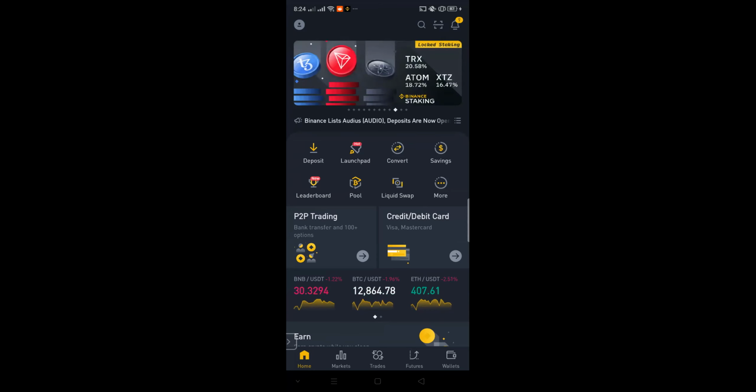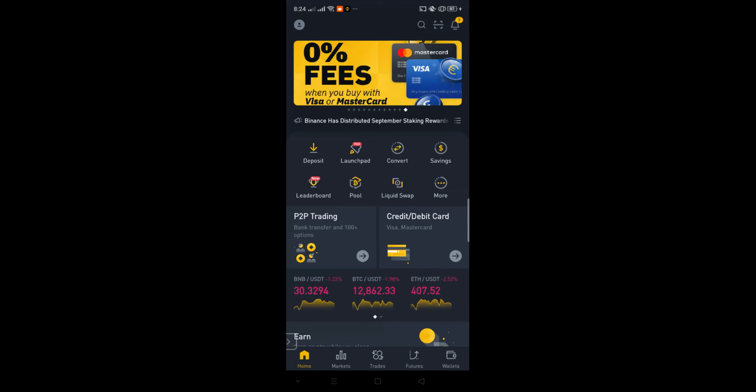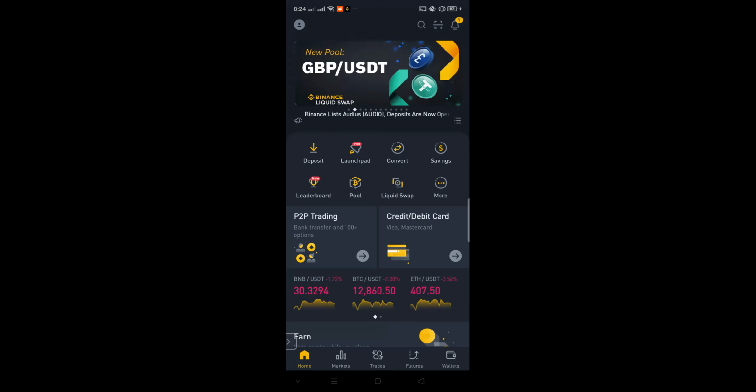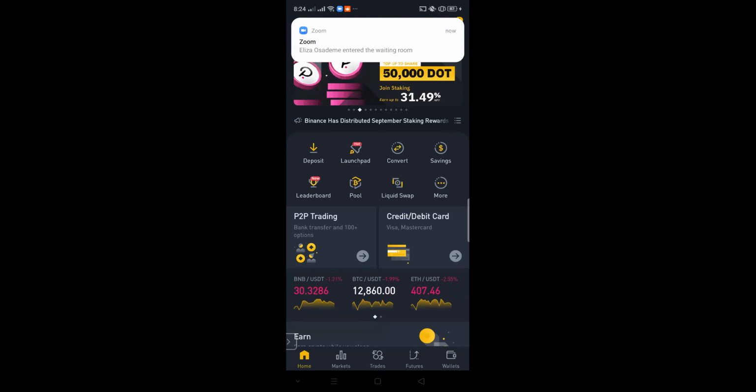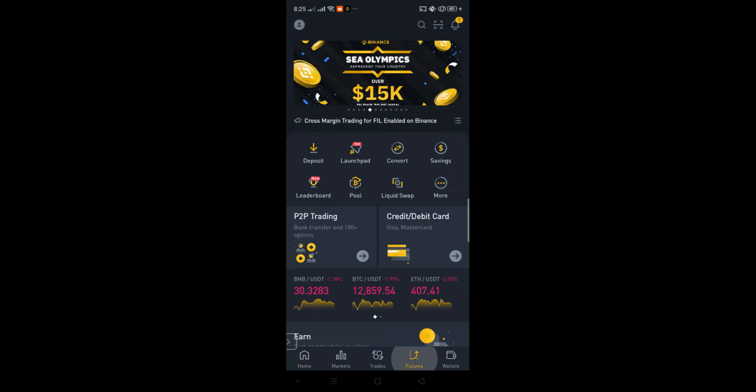Okay. So you look at the down left corner, you see home, then you see market, trade, futures, and wallets. So you click on futures.